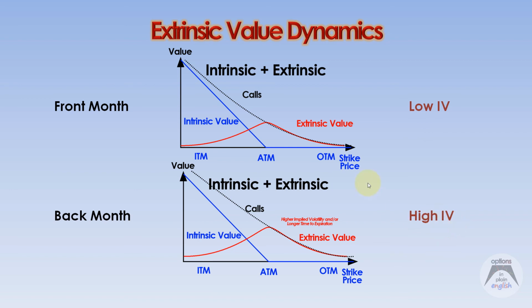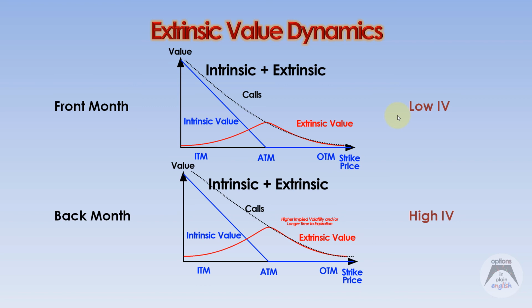This happens, for example, when there is an event that makes traders know that there might be a big price move coming. If that's the case, then they start what traders call pumping in a higher implied volatility, because they know that the future realized volatility is going to be higher because there's an event coming up. The clearest example, and we have it all the time, is earnings results.